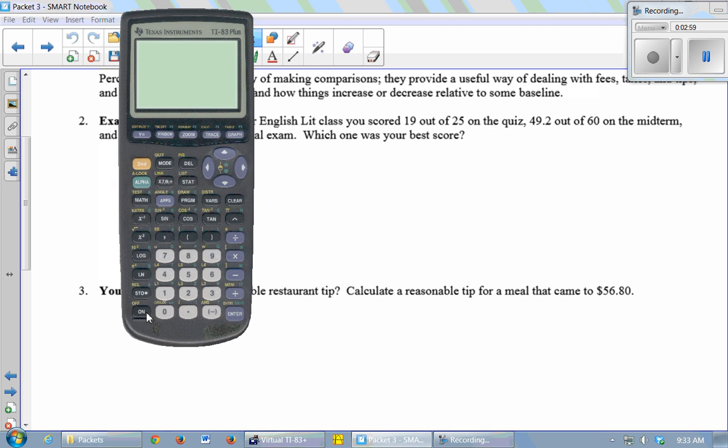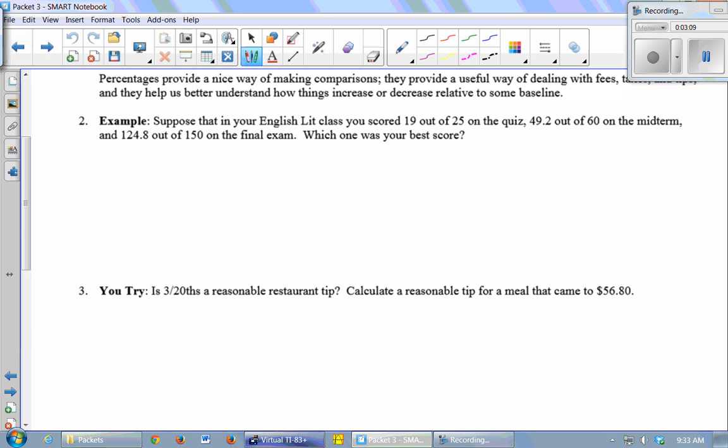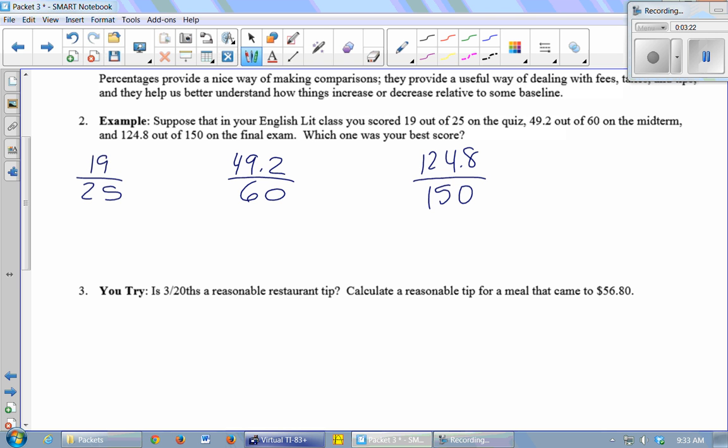So I'm going to take each of my scores and divide, because a fraction bar means division. If I write 19 out of 25, 49.2 out of 60, and 124.8 out of 150, those are three fractions, and I want to know which fraction is the biggest. A useful way to compare fractions is to use a decimal or a percent.